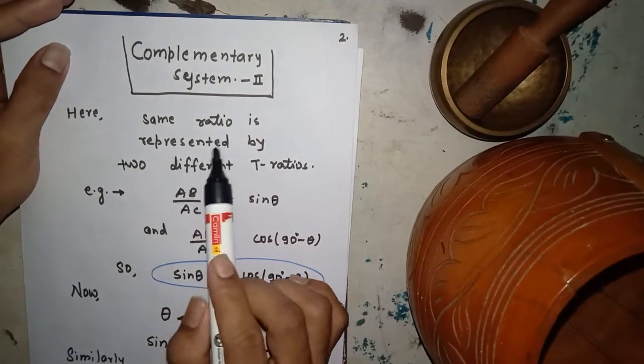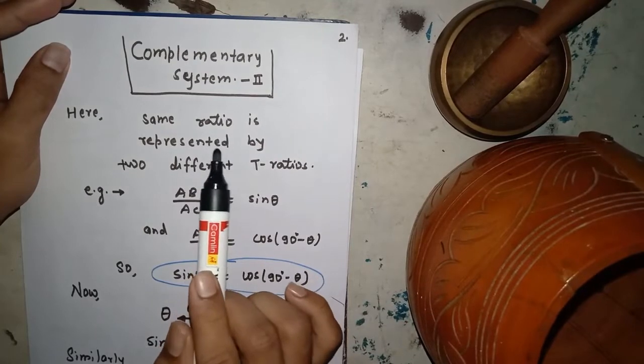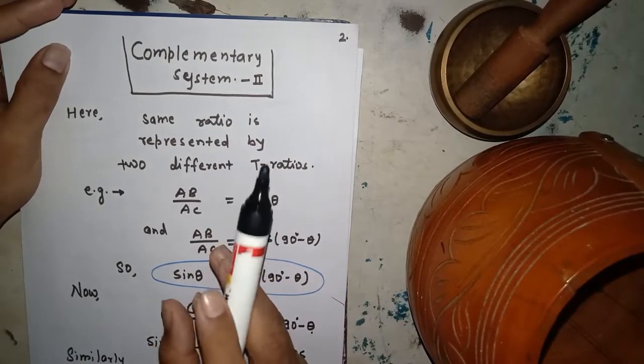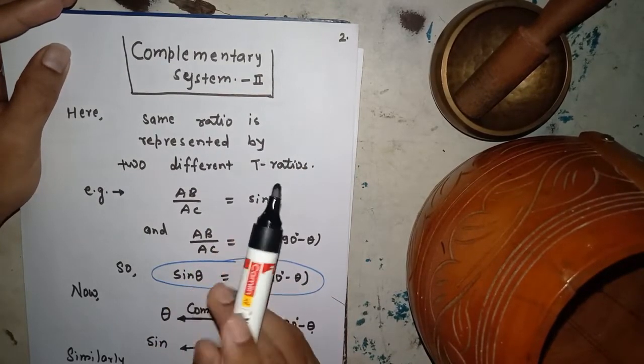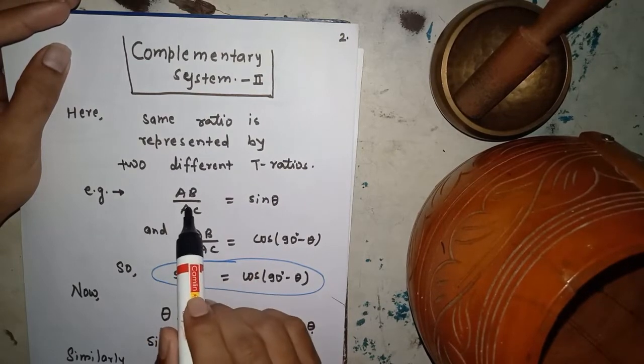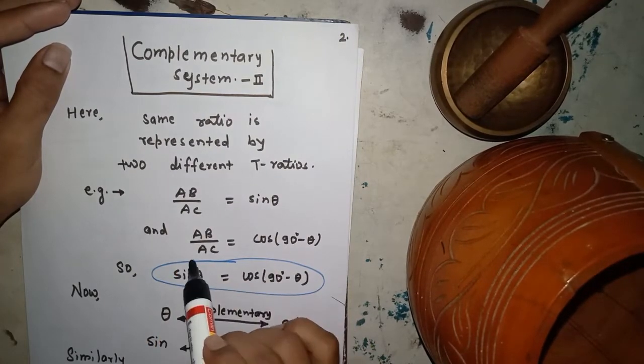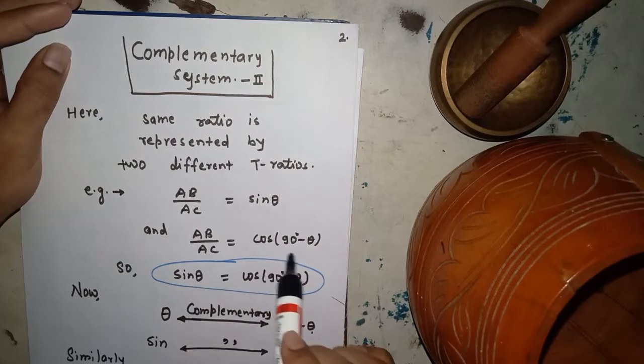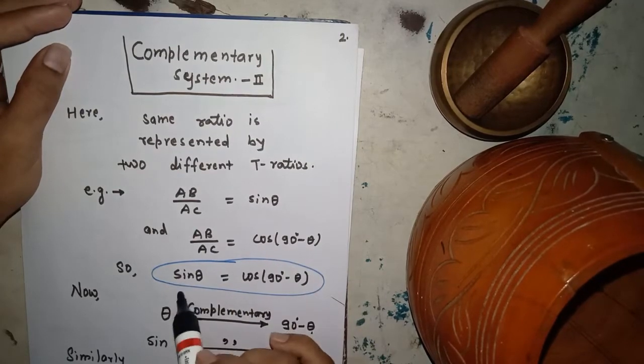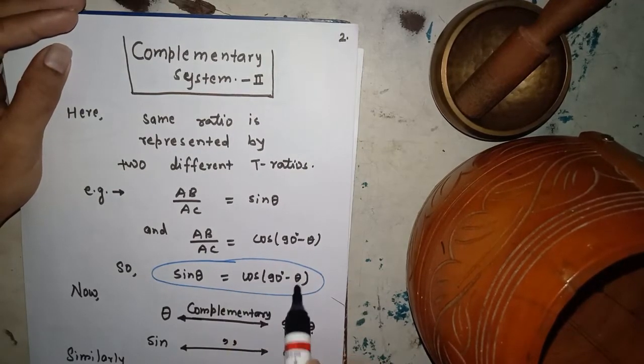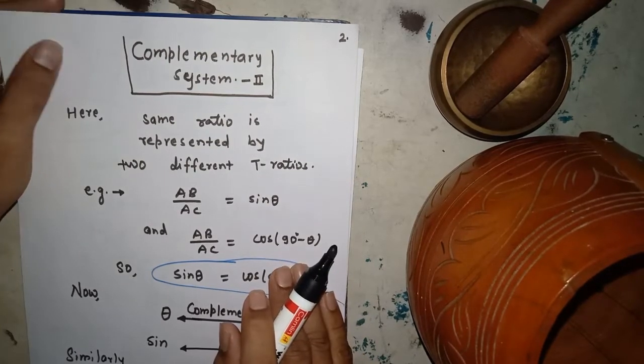Here, same I have already told, same ratio can be represented by two different ways. So here AB by AC is sine theta and AB by AC is also cos 90 minus theta. That's why you can write sine theta is equal to cos 90 minus theta. Are you getting my point?